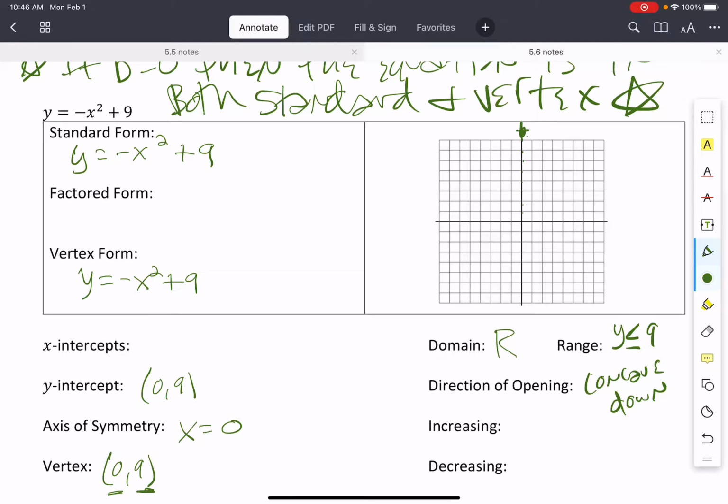So this factored form has something we haven't done in a while we have to do first. Anybody remember? Before I can get this into factored form. Yeah, take my GCF out. Divide by the negative. Good, Brayden. So before I can factor it, if I divide that by a negative, okay.